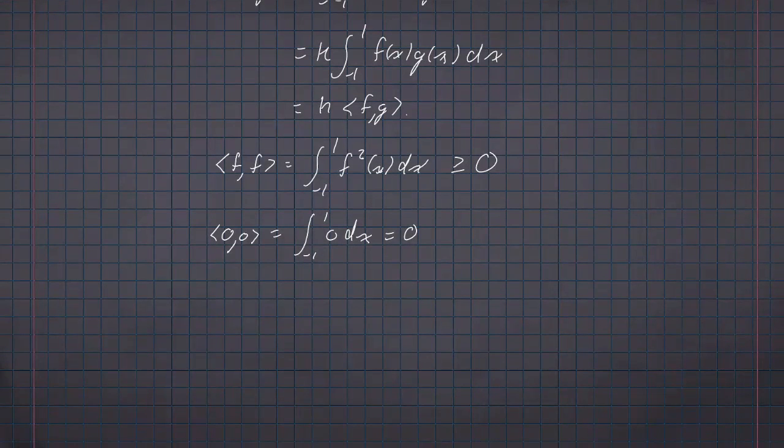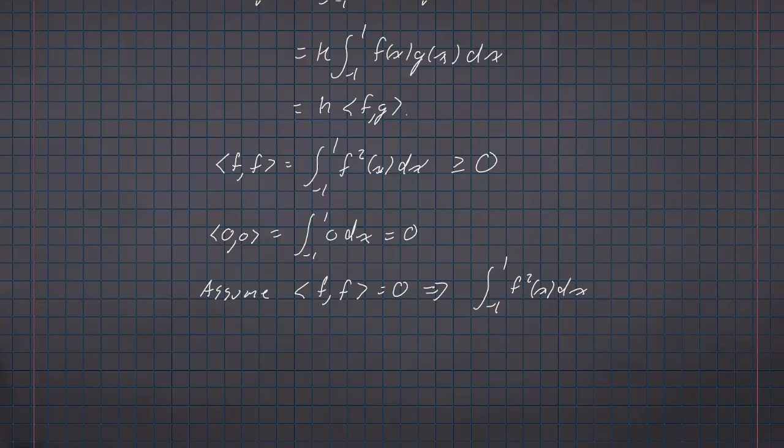And then the tricky part: assume that the inner product of f with itself is 0. That means that the integral from -1 to 1 of f squared of x is in fact equal to 0. And then using the fundamental theorem of calculus. Remember, the fundamental theorem of calculus says that the derivative of an integral is the integrand.